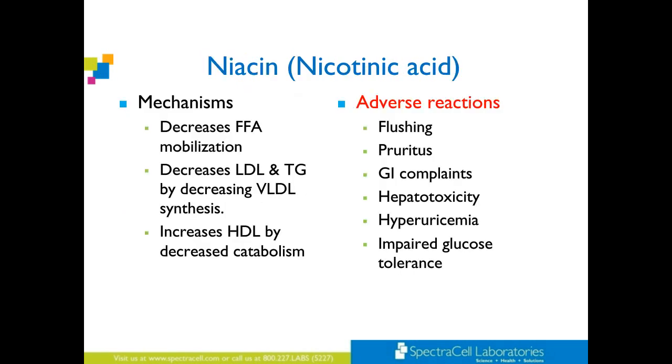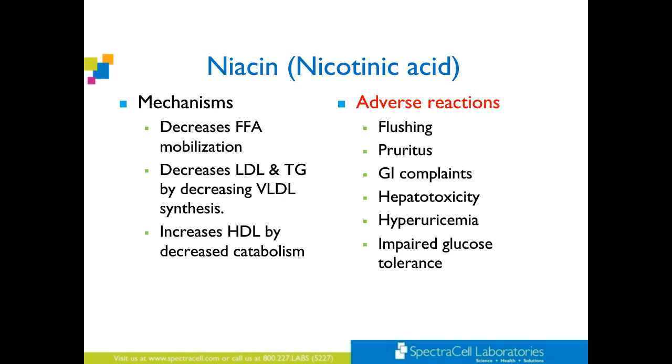So these are some of the general mechanisms that have been noted in the scientific literature. And then, of course, even though there's some benefit for niacin, there are some adverse reactions. Now, I've used niacin for numerous years, and I've never had the major ones that are listed here, with hepatotoxicity or the significant elevation of uric acid levels.